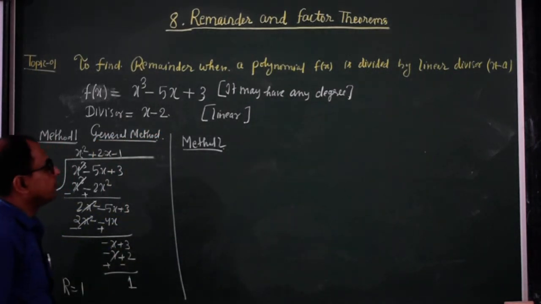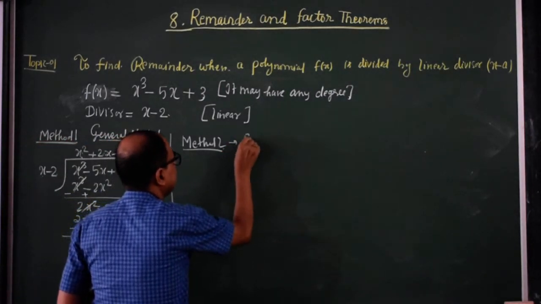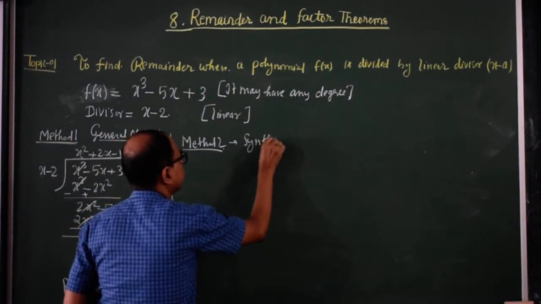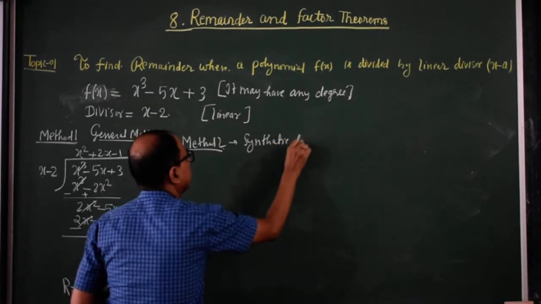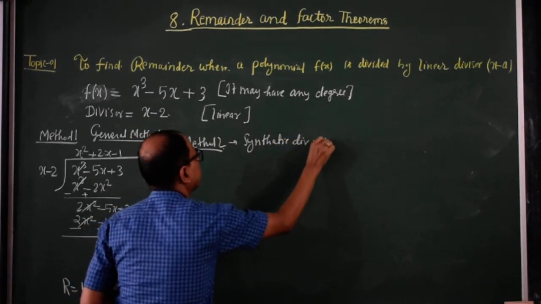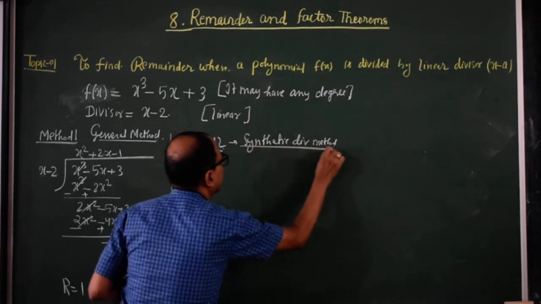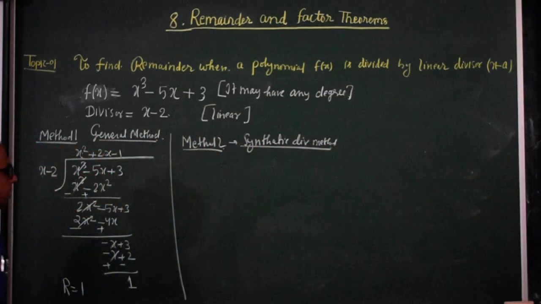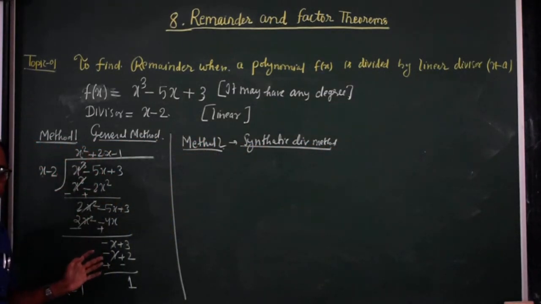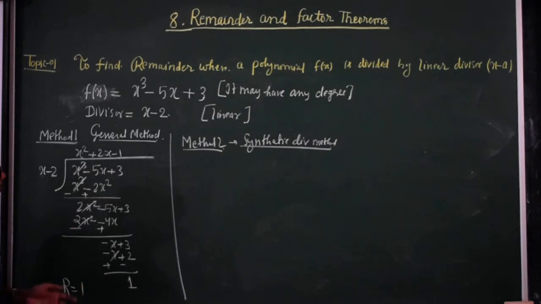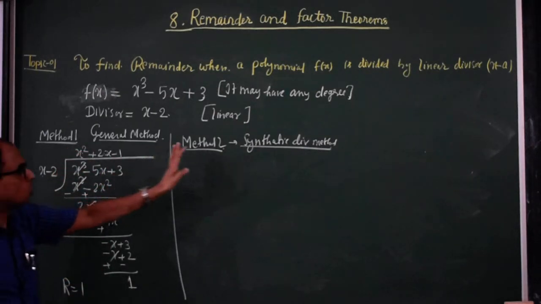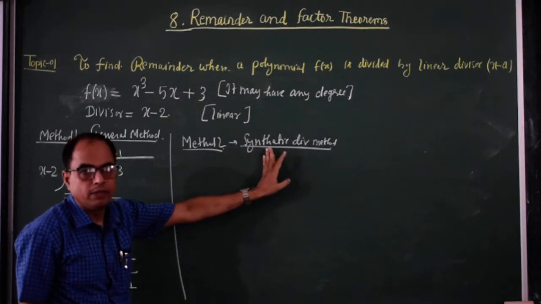Now method 2: you can call it the synthetic division method. In this method, we will do the same thing in an easy way, a shortcut method. That is called the synthetic division method.